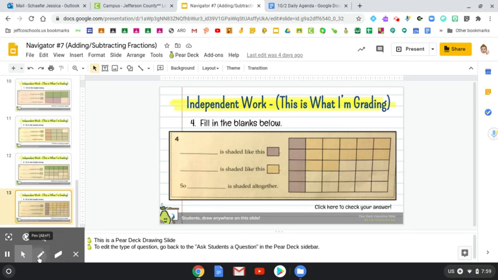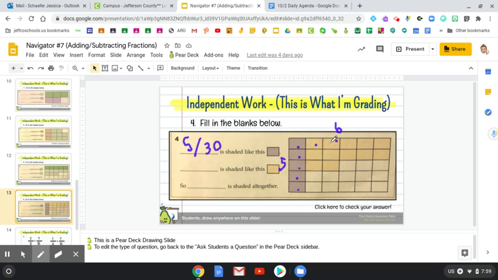All right, this color's a little bit hard to see, but I'm going to do the purple and then there's a yellow. 1, 2, 3, 4, 5. 5 purple out of, let's see, there's 5 on the side, and 6 on the top. So 5 times 6 would make 30. 5 30ths in purple.